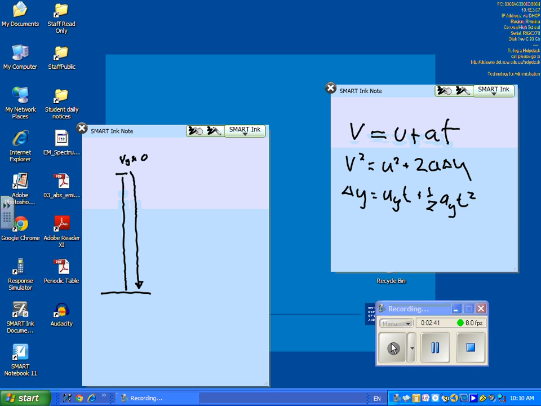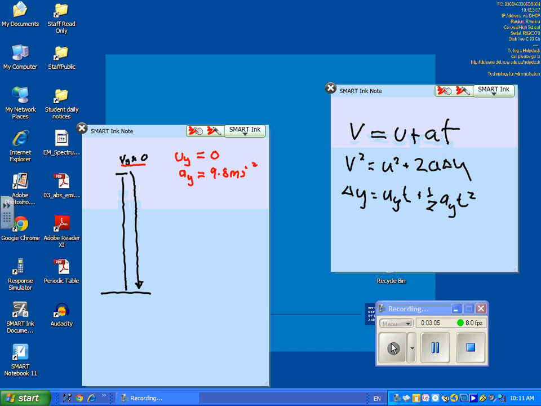And that makes the task relatively easy, because if we start our motion from this point up here, that means our Uy vertically equals 0. We know Ay, because it's in the same direction as the velocity, is 9.8 meters per second squared.